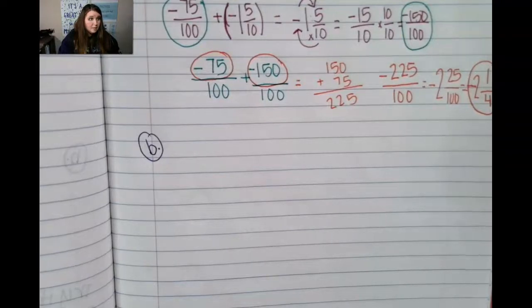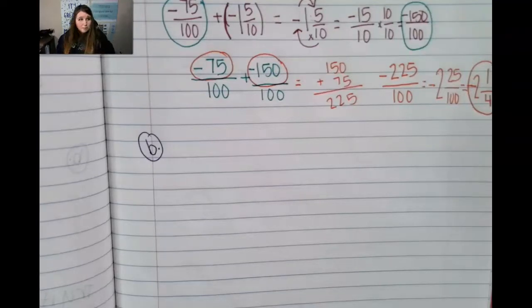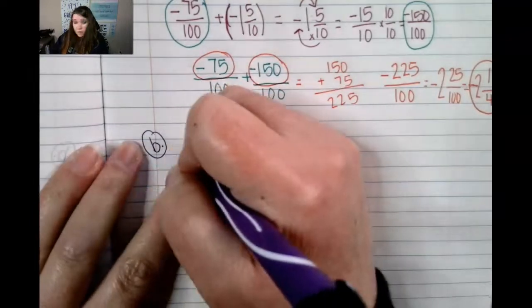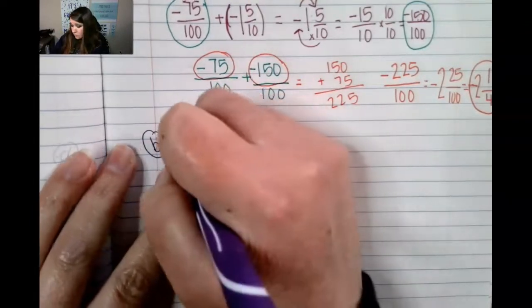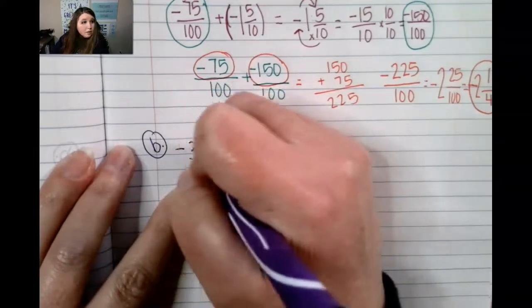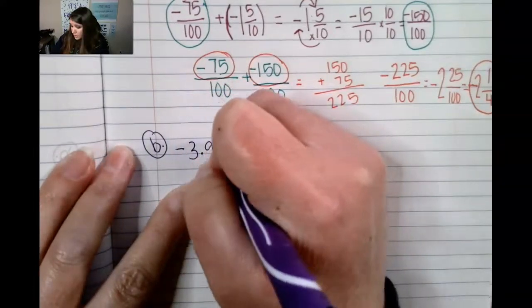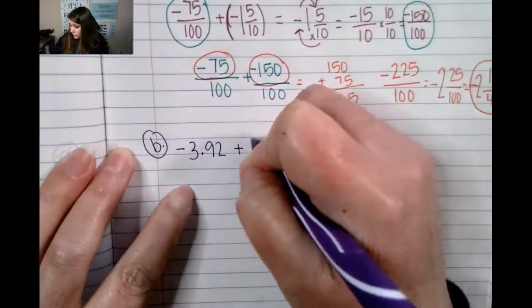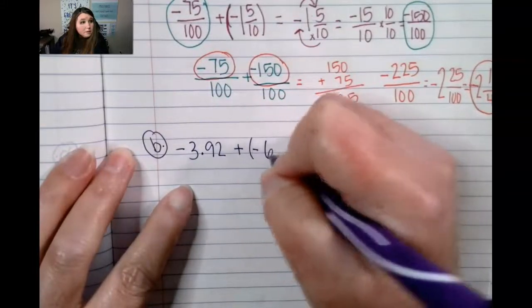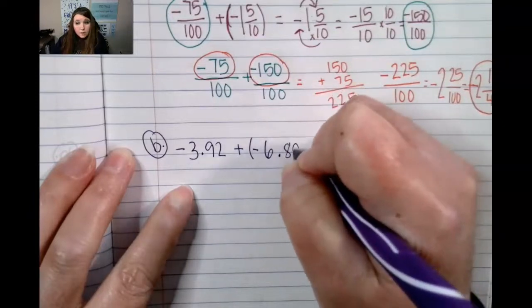when I find it, where is extra example 2? Oh, this one's kind of a big number. Okay, here's another way that we can do this one. Negative 3 and 92 hundredths plus negative 6.89.